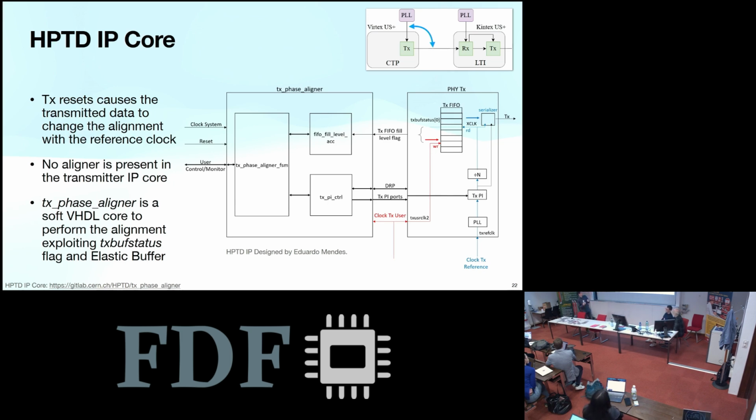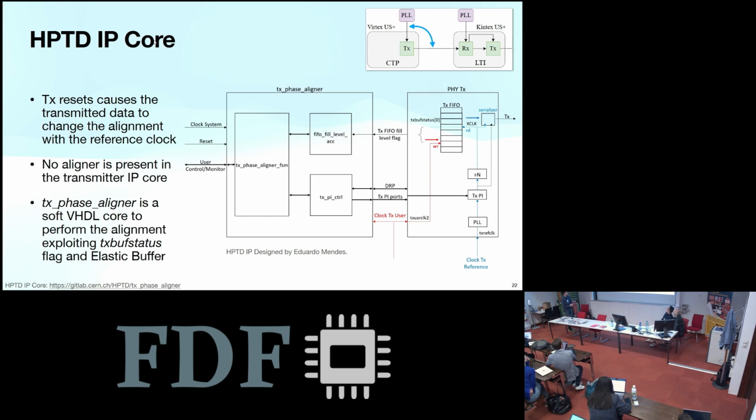The status is called the TXBuff status, and this gives you the information about how full this FIFO is, if more than half or less than half full. And so the idea is to read this information, phase shift until the flag toggles. And when we reach this state, it means that we have a fixed offset between the reading pointer and the writing pointer of the FIFO. And so we achieve phase determinism.